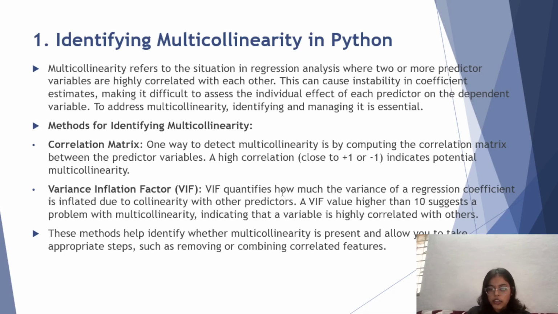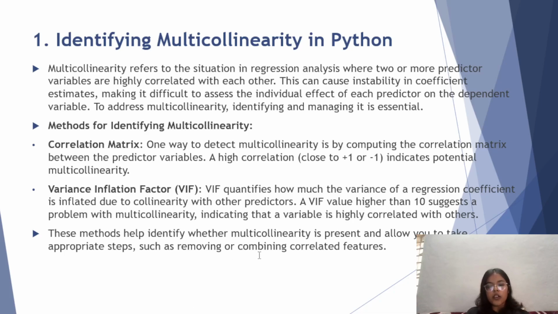VIF quantifies how much the variance of a regression coefficient is inflated due to collinearity with other predictors. A VIF value higher than 10 suggests a problem with multicollinearity, indicating that a variable is highly correlated with others. It means if a variable has a VIF of 10 or more, it is not good for our data.